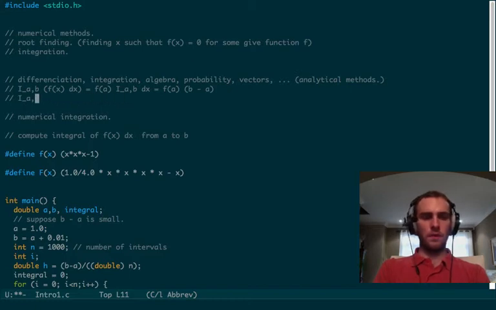Okay, so it's actually better to emphasize that the interval is small by saying you integrate from a to a plus h.